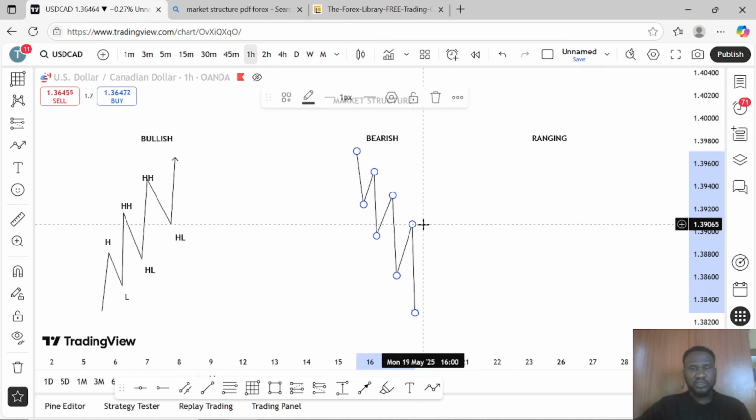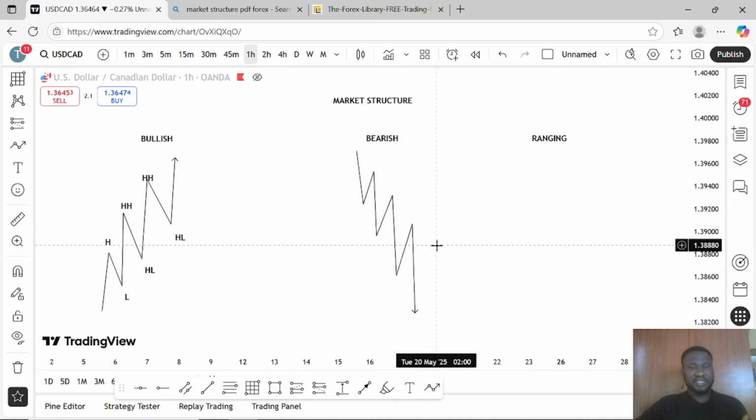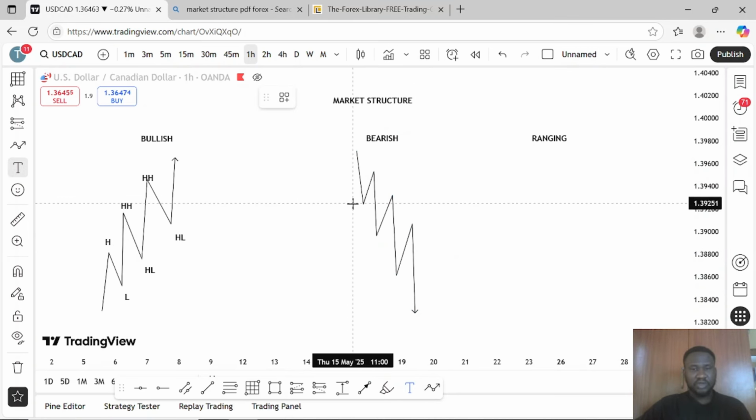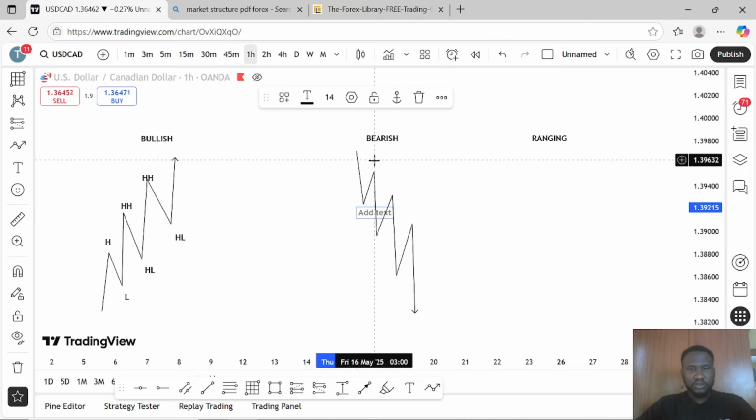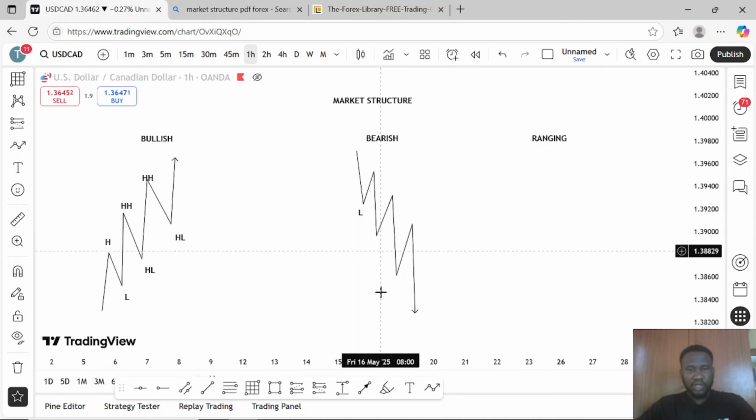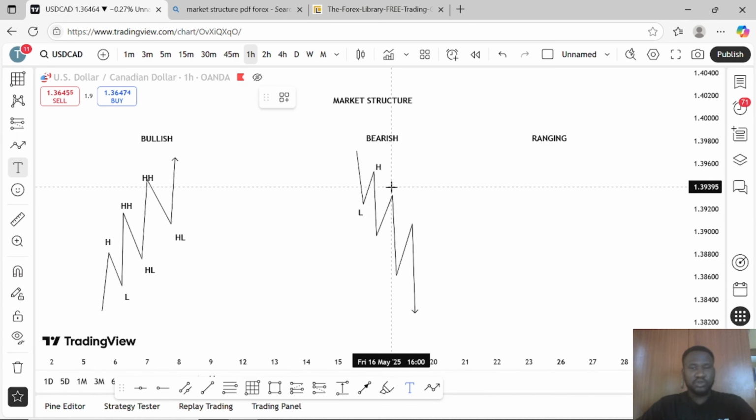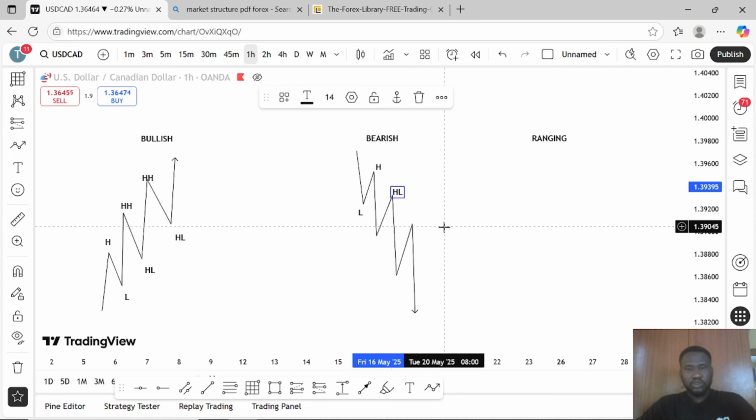That is the information that you want to get first. Here you have a low, and here you have a high. So when it's already coming down, this high here is lower than this previous high. So what will you be calling it? Lower high.